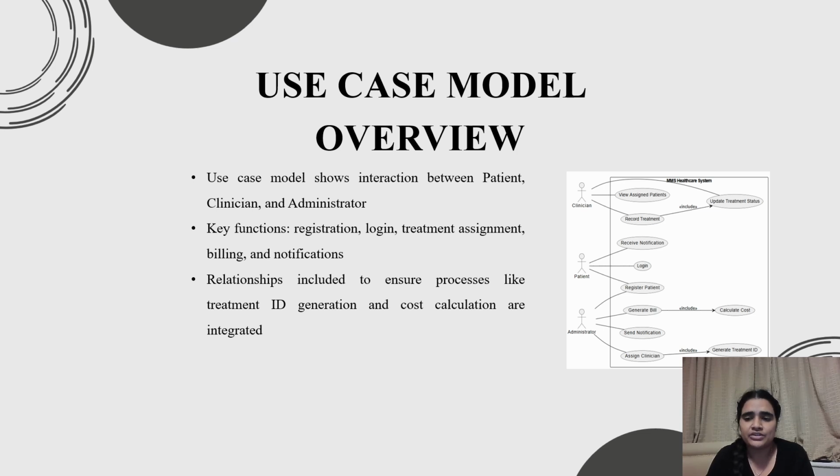The administrator deals with patient documentation, scheduling of clinicians, and billing, whereas clinicians deal with their patients and record treatments to ensure timely, consistent integration of activities such as the generation of treatment identities and price calculation into the working process. The use case diagram also comprises linkages such as include dependency.